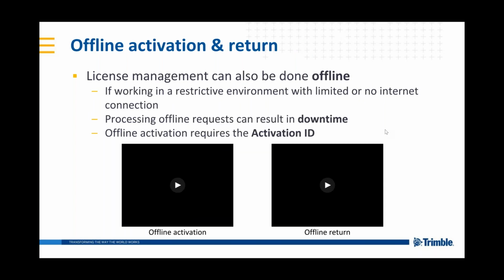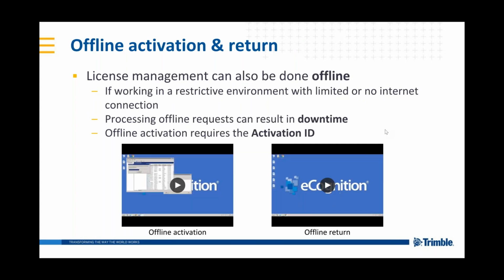So we mentioned offline activation and returns earlier. It is possible, if you are working in, say, a restricted environment with limited or no internet connection possibilities, to still activate eCognition licenses here. This means that you have to process an offline activation request.